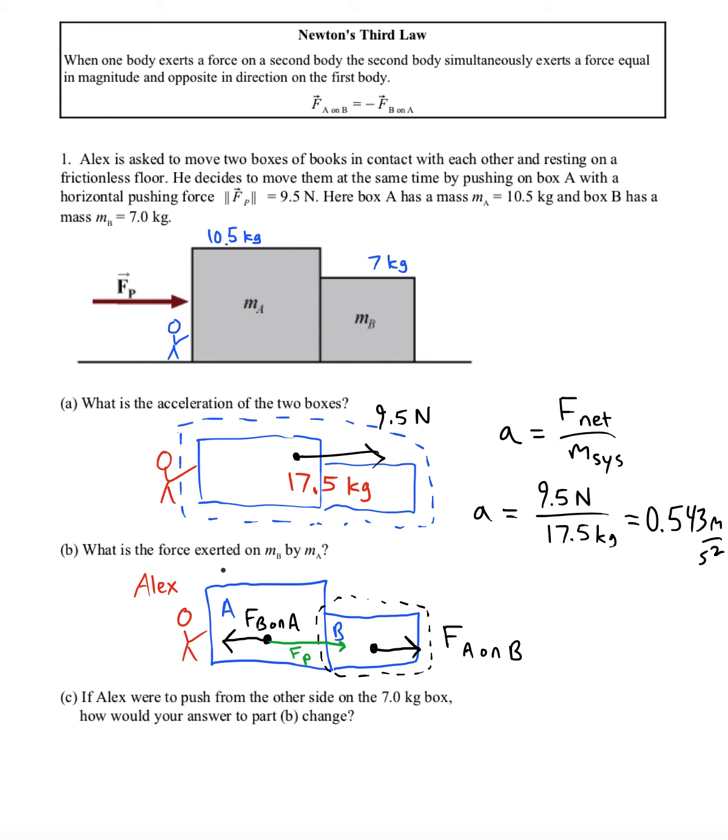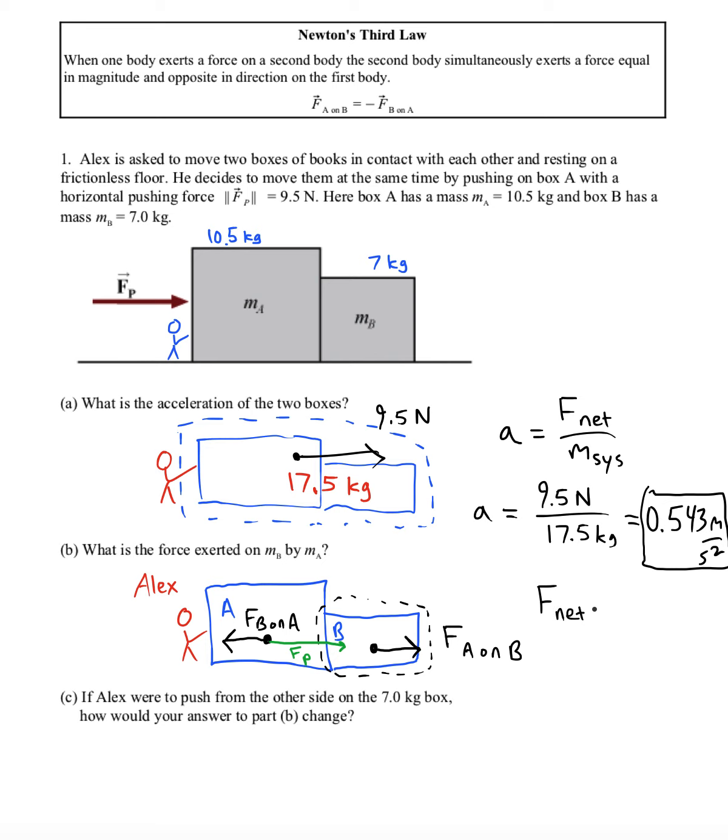Now let's find the force that's exerted on mass B by mass A. Alright, so we already have the acceleration of the whole system, and we can use that to find the net force on B. All we have to do is rewrite Newton's second law.